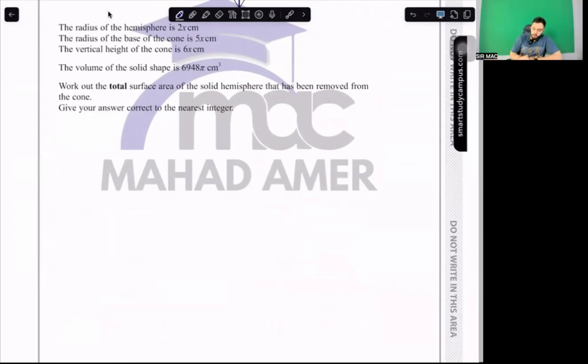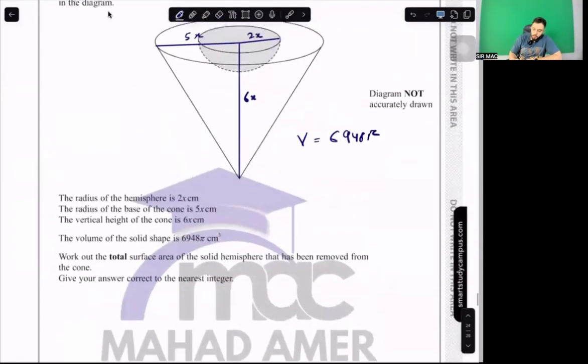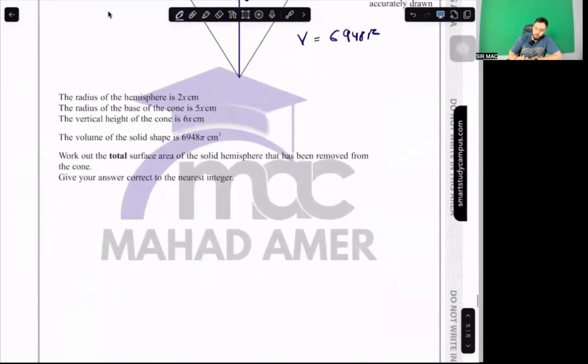First of all, the volume of the cone is one over three pi r squared h. And from the volume of the cone, you subtract the volume of the hemisphere, which is four over six pi r cubed.